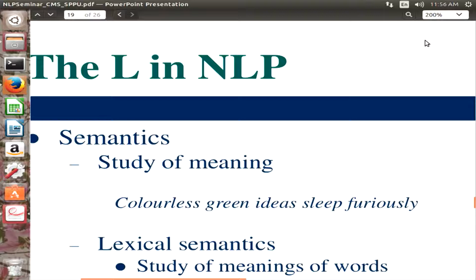Yes and no, because it is perfectly valid syntactically, but semantically there are so many problems. Colorless and green cannot go together. Ideas are abstract entities, and having color is a property of concrete entities, not abstract entities. So ideas cannot go with green. Then sleeping is an activity associated with living beings, and an idea is not one of them, so it cannot sleep.